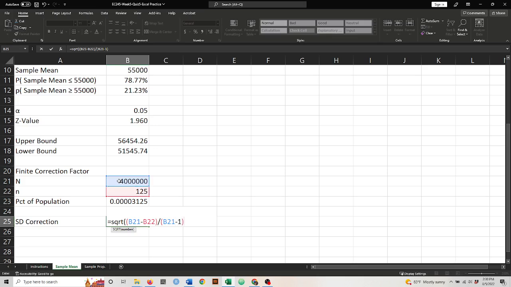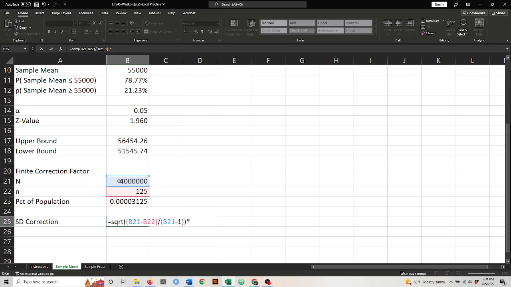Now you might notice this. Because our big N is so big, really that ratio is going to be really close to 1. So if you notice that, it's essentially because the sample size is really, really, really small. So this isn't going to really do much, and that's because we don't have to worry about this problem of taking too large of a sample.